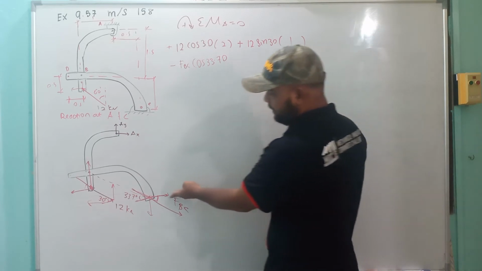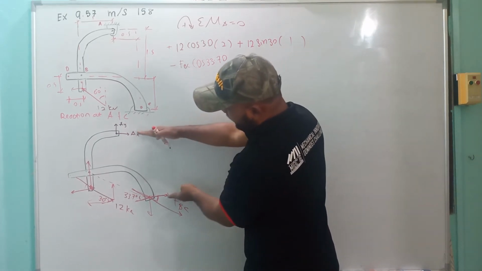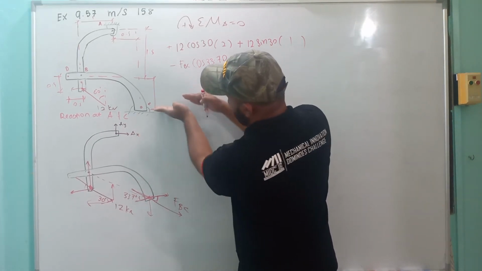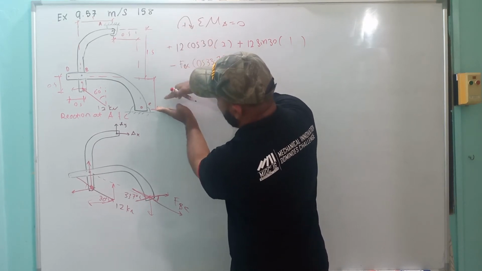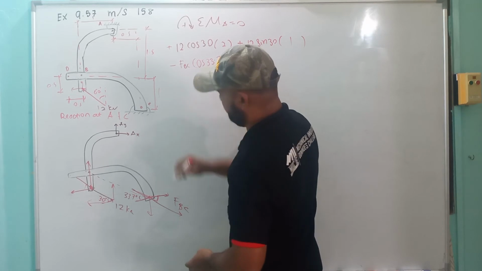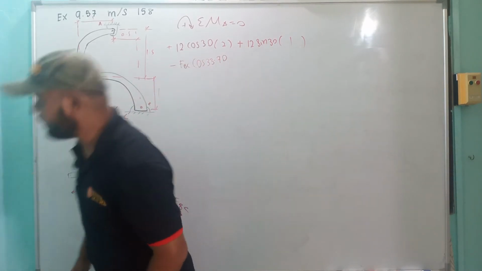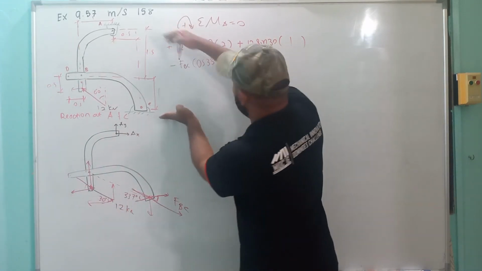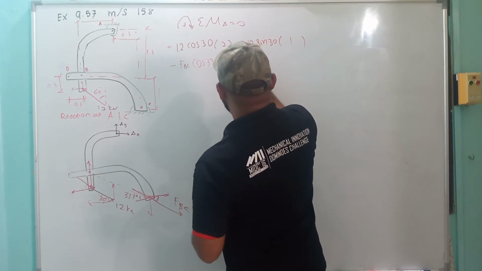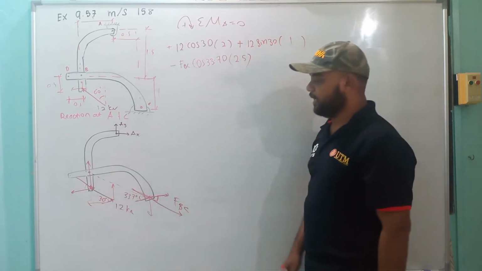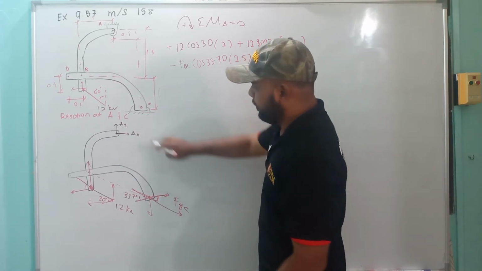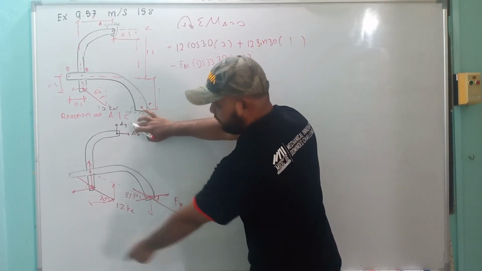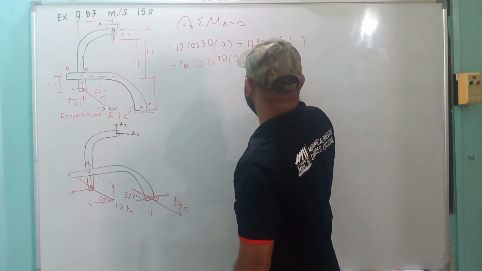This is the line, the second line here, so this is the distance. It will be 1.5 plus 1, so the distance is 2.5. Negative because pin here, pull this direction, we turn counterclockwise. Pin here, pull downward, so it will be clockwise, so positive.